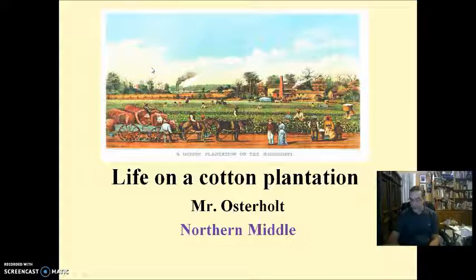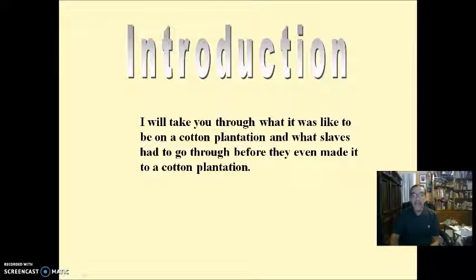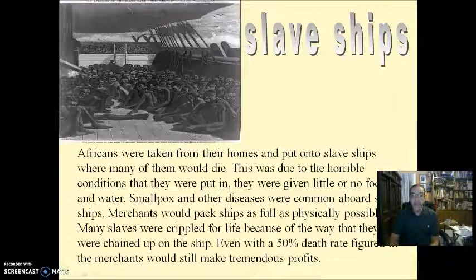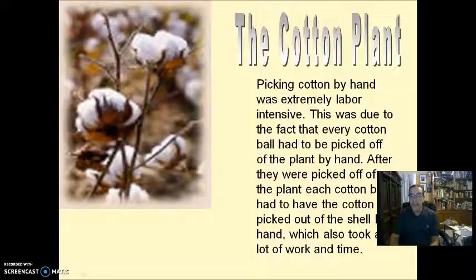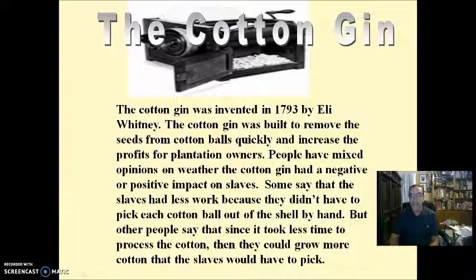In this particular chapter, there's several different PowerPoints. This one is on slavery and life on the cotton plantation. So there's an introduction. There's information covering slave ships, cotton itself, the importance of the cotton gin, and this leads to the knowledge of the cotton gin and then understanding the effect of the development of this machine had on slavery and the growth of slavery.